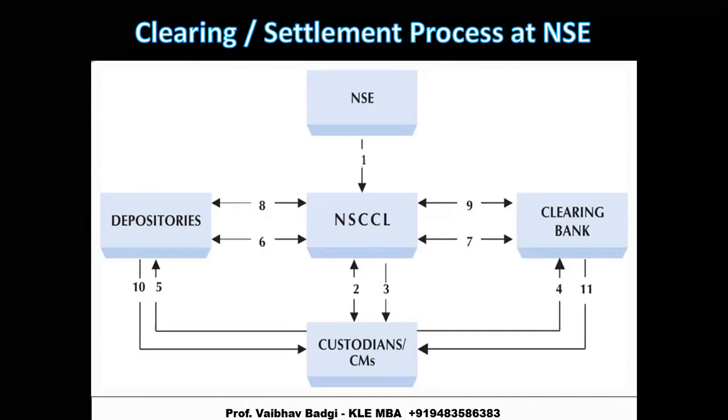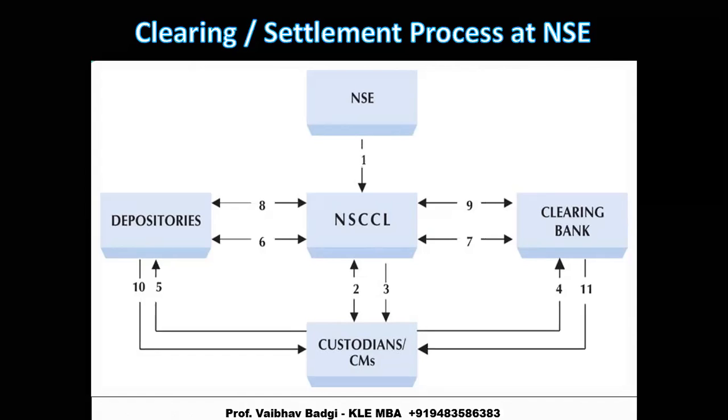That means if Vishaka has traded today, the order processing, point number 2, 3, 4, 5 up to point number 9, happens tomorrow, and point number 10 and 11 happen day after tomorrow.